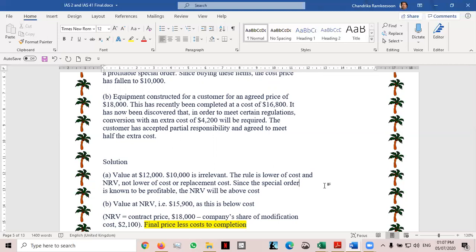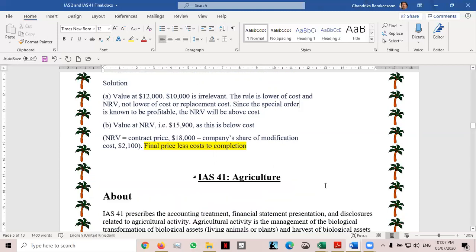Since the special order is known to be profitable, NRV will be above cost. So it's the lower of cost and net realizable value. The original cost of 10,000 is clearly irrelevant.